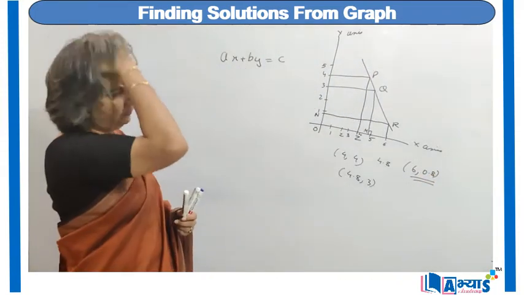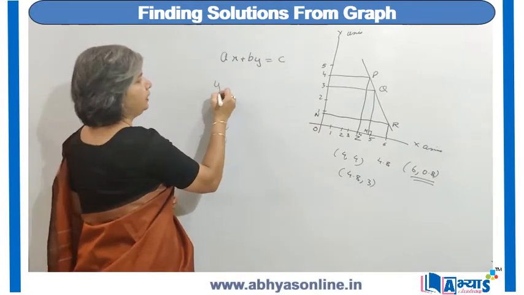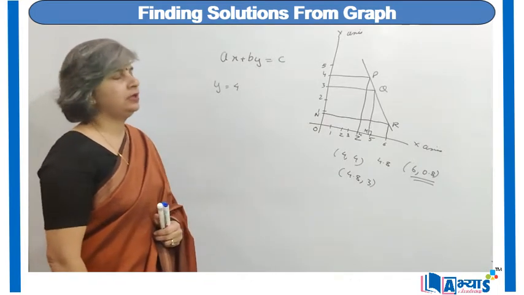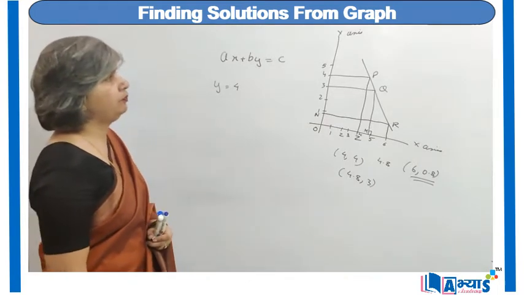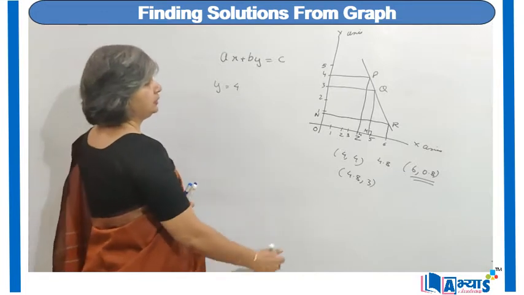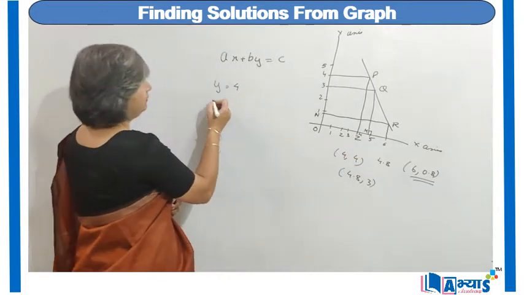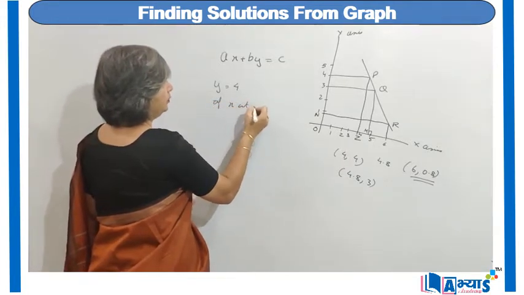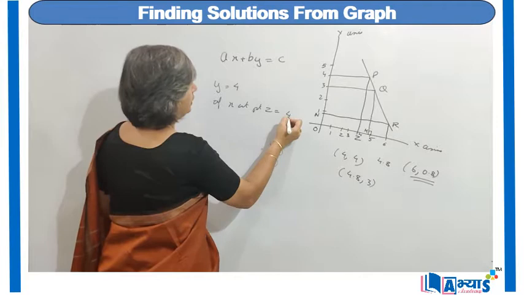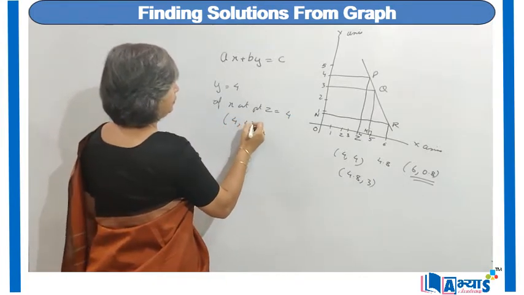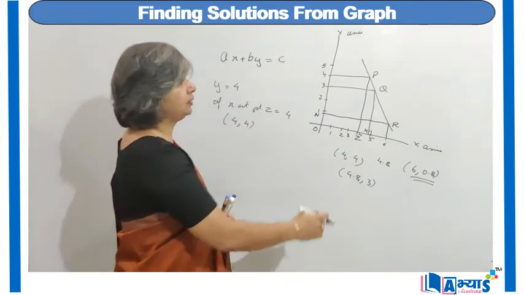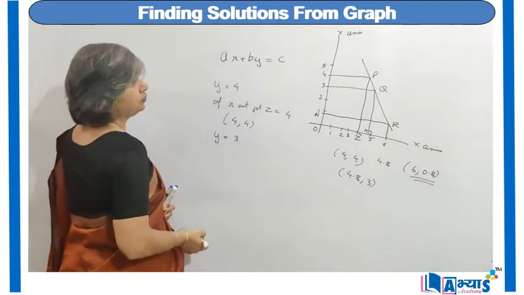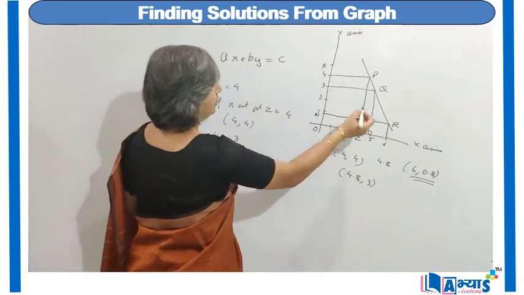That means what we have done, we have first assumed y to be 4 and we have drawn a line parallel to the x-axis. It met the line at P, and from P we draw a line parallel to the y-axis. It cut the x-axis at point Z, and the value of x at point Z is equal to 4. So the solution was (4, 4). We have tried to find another solution when y is equal to 3. We have taken y equal to 3. From 3 we draw a line parallel to the x-axis.